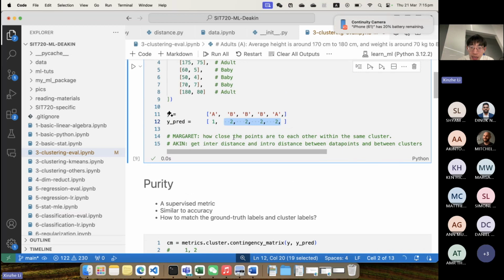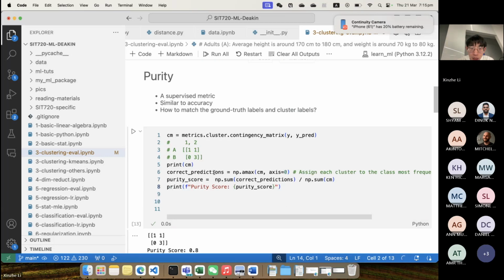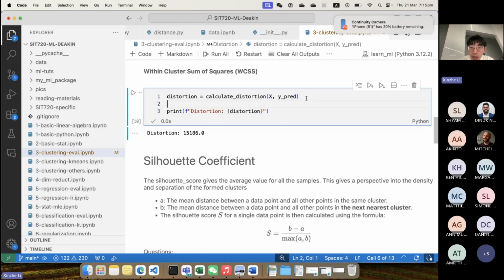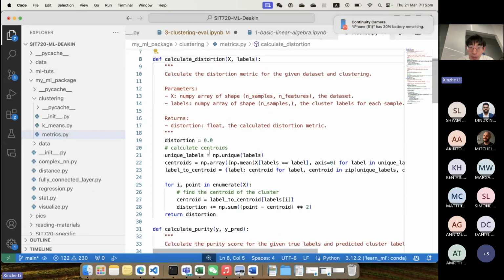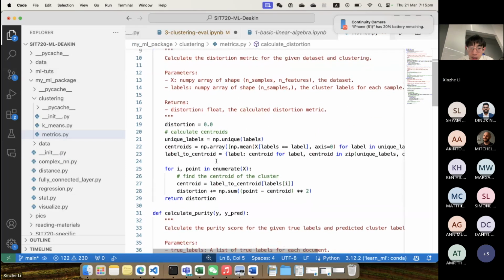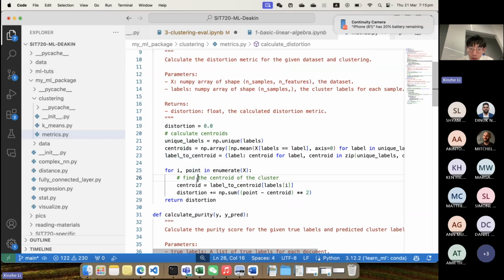Let me copy paste here. It's from Margaret. Let's look at what Margaret said here: how close the points are to each other within the same cluster. Let's look at how I implement it. Here, I just find the centroid.